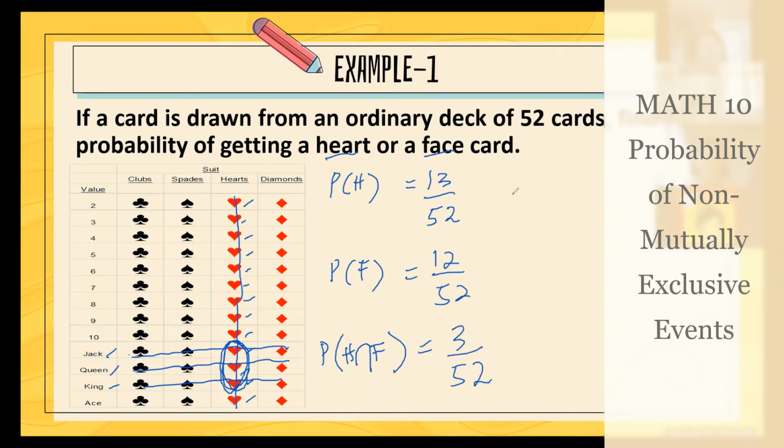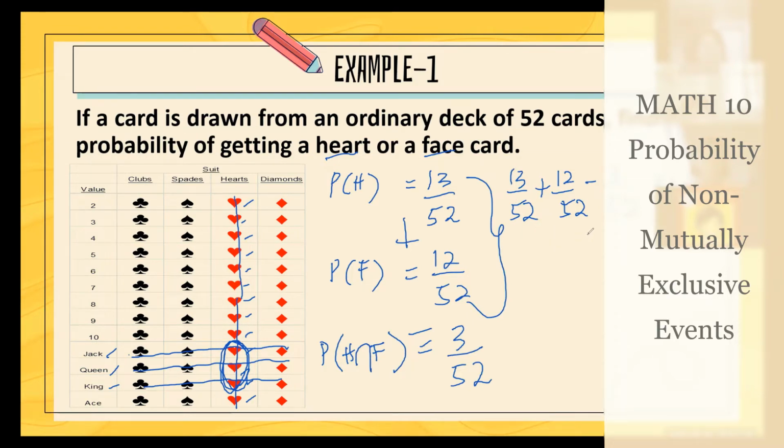Now, let's have it in fraction. Yung solution natin is, you add the two, and subtract 3 over 52. So, let's rewrite it. It's 13 over 52 plus 12 over 52 minus 3 over 52. Since all the denominators are the same, it's easy, di ba?